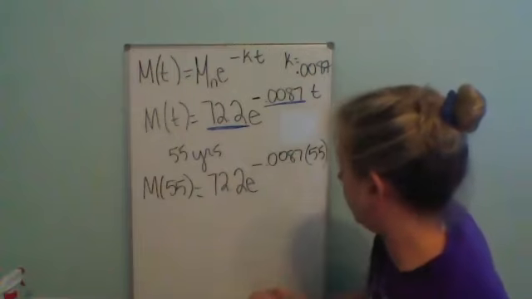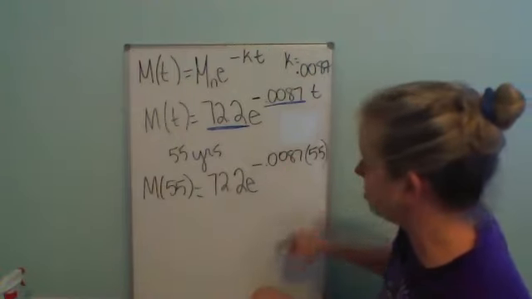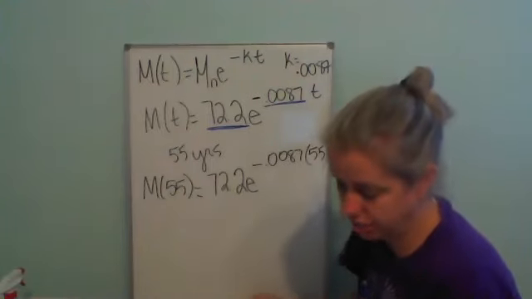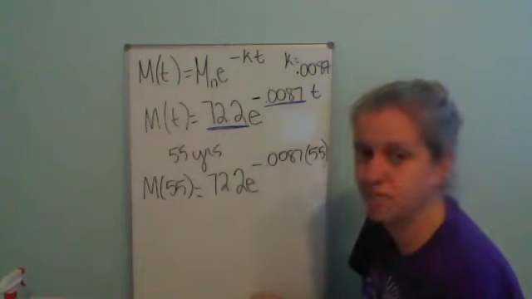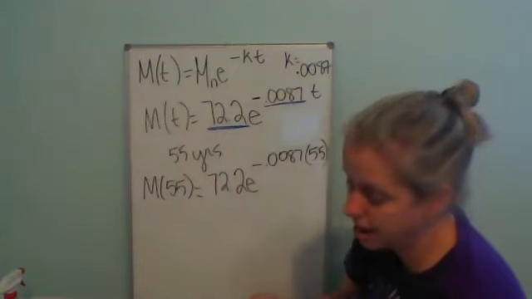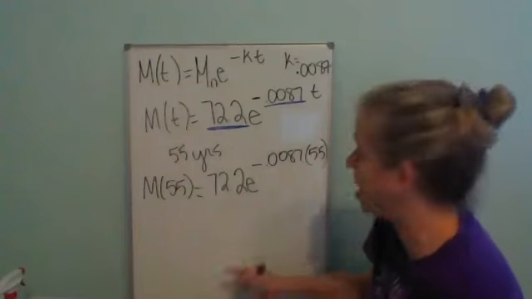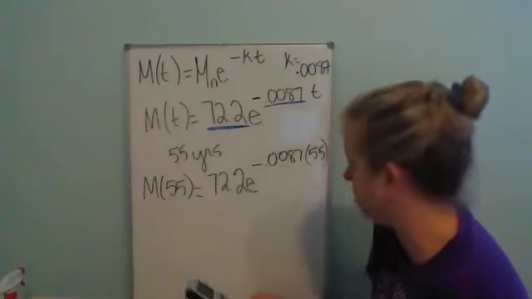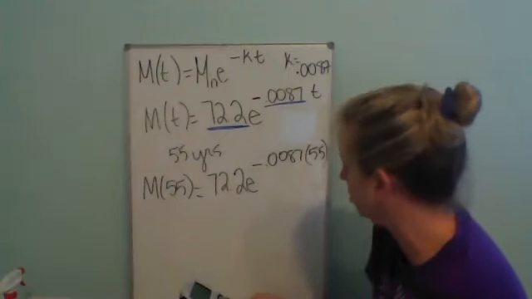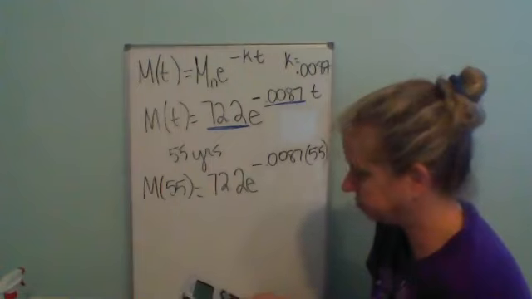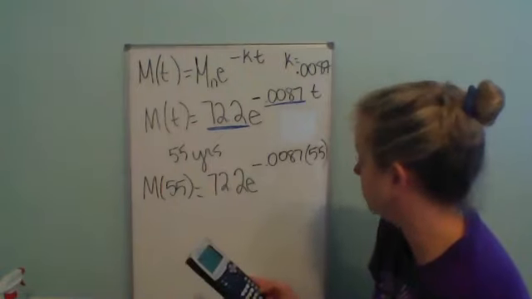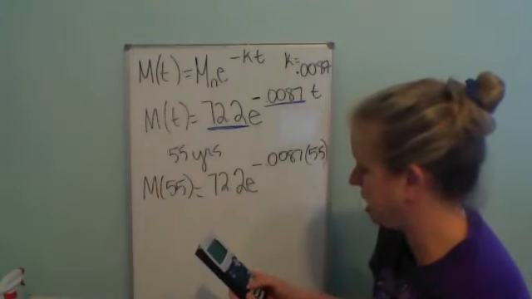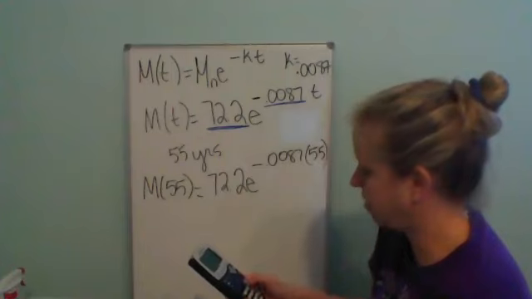I put this in my calculator, and that's going to tell me the percent of adults that are going to be married in 2015. It should be less than 45.9, right? If we're still going down, and in 2012 it was 45.9, in 2015 it should be even less. So let's put this in our calculator. 72.2 E, so the second LN button. Now I'm up in my exponent, I type in the negative 0.0087 times 55.